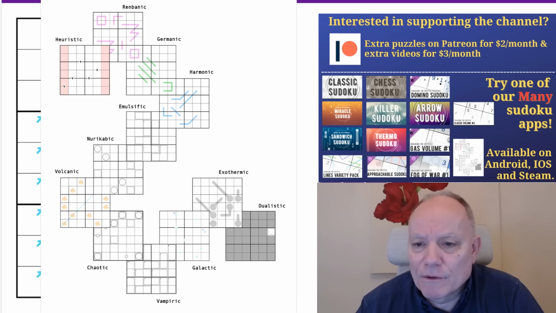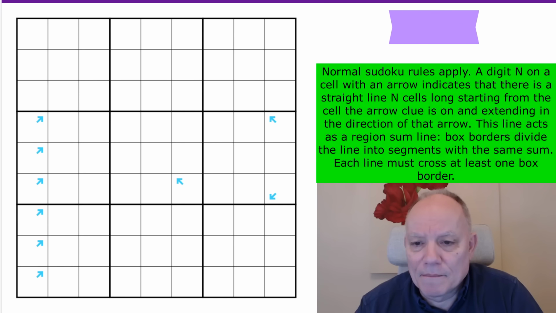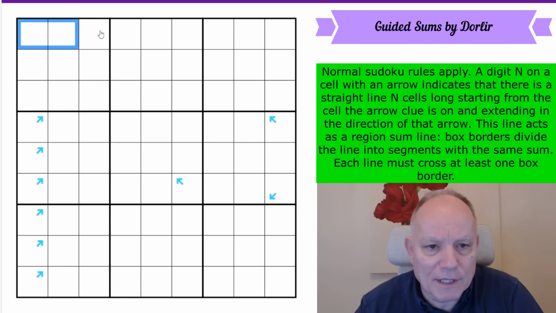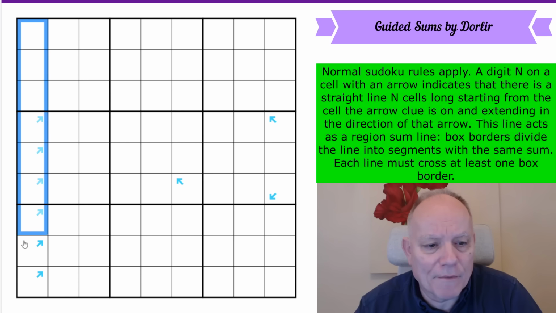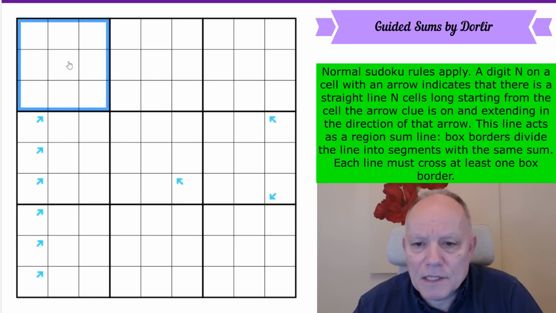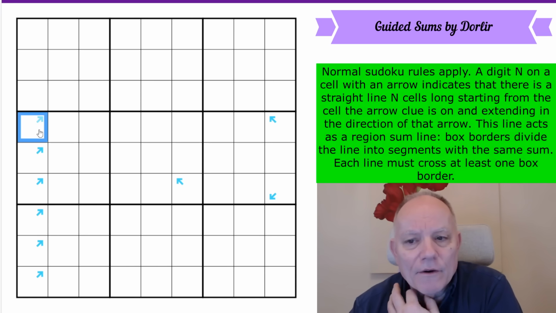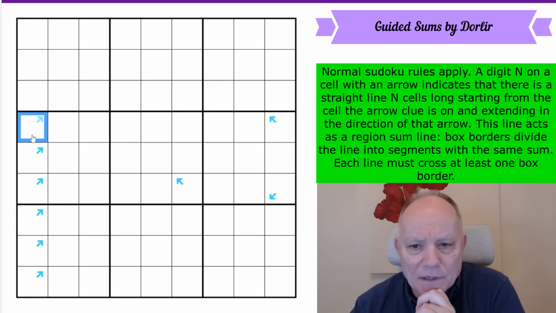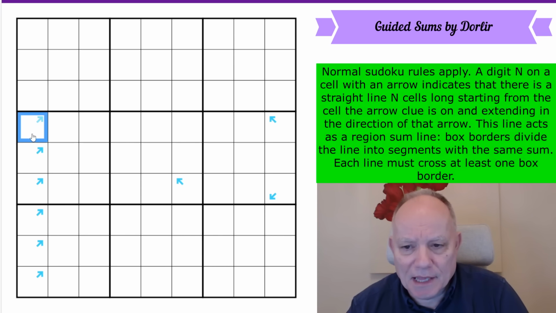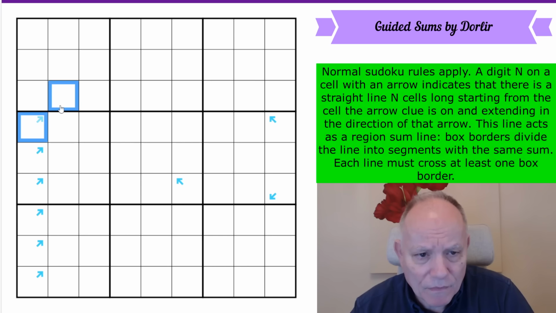Right, let's have a look at the rules of Dorlier's Guided Sums, which begin with normal Sudoku rules apply. 1 to 9 going in every row, every column, and every 3x3 box. So let's look at these arrows. A digit N on a cell with an arrow indicates that there is a straight line N cells long, starting from the cell the arrow clue is on, and extending in the direction of the arrow.